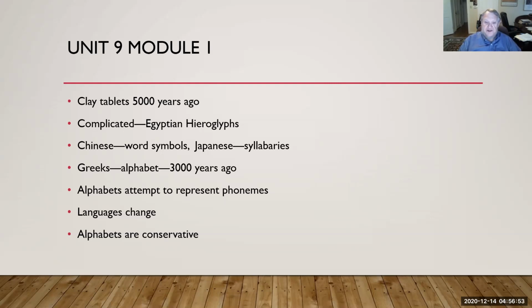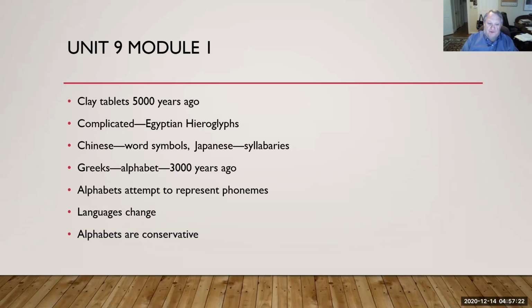So this is a brief description of how writing systems evolved, of what they try to do, and how they changed over time to evolve into the alphabet, but also how once it became an alphabet for a given language, the language then changed, creating further problems.